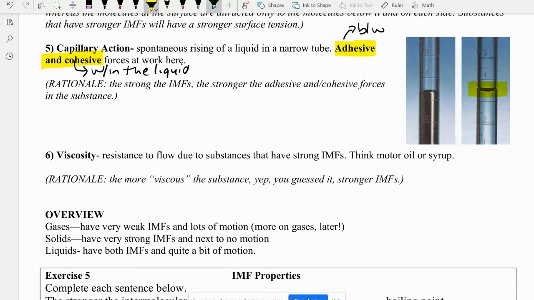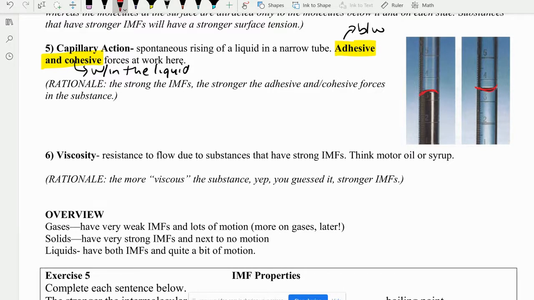There's actually two types of meniscus that form, and I don't know the plural for meniscus, menisci, I'm not sure. But anyway, one is concave and one is convex.